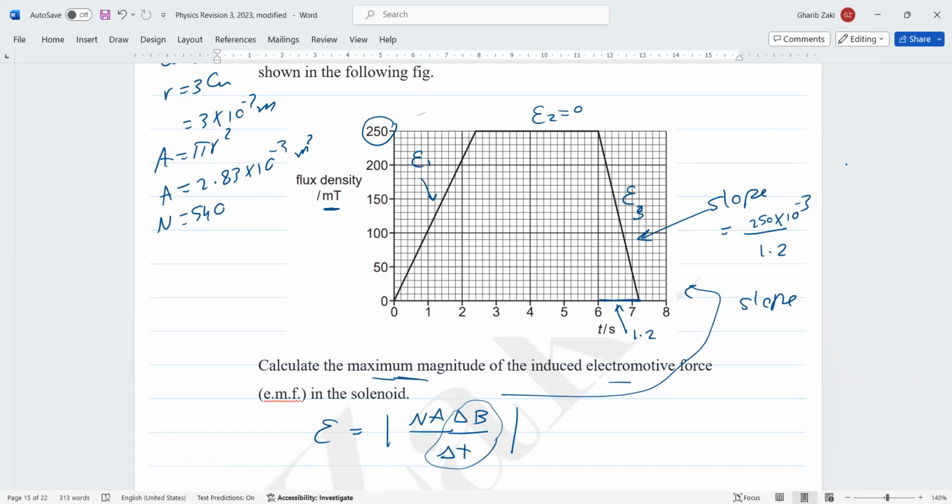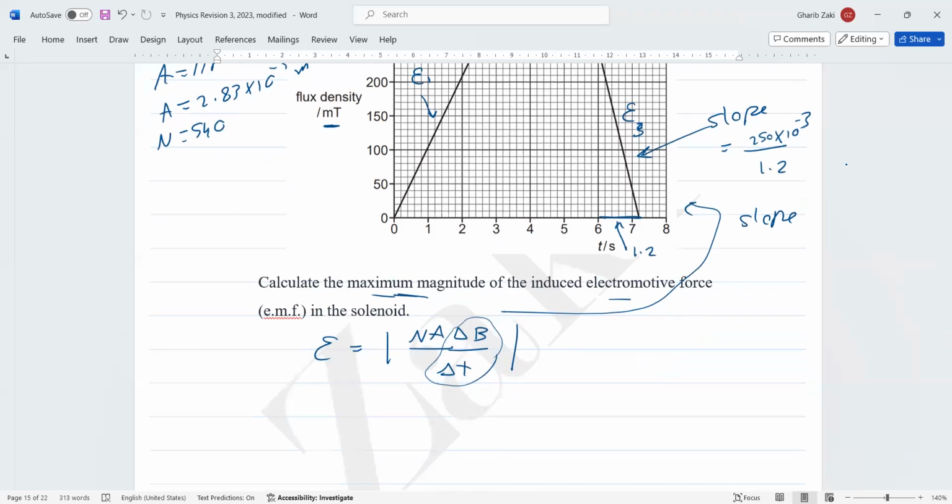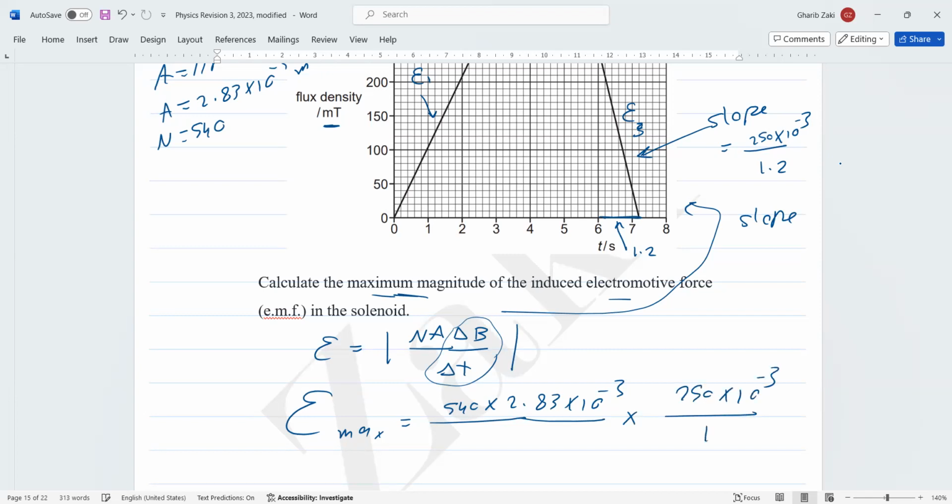Then the maximum EMF equals N, which is 540, multiply the area, 2.83 multiply 10 to the power -3, multiply the slope, which is 250 multiply 10 power -3 over 1.2. When you calculate this, it will be 0.32 volt.